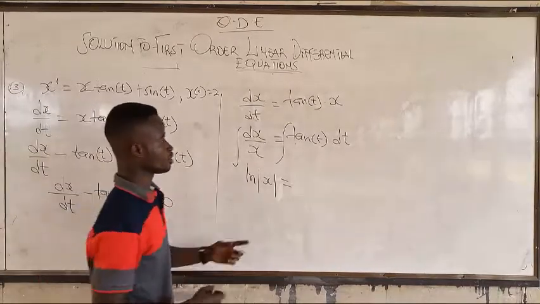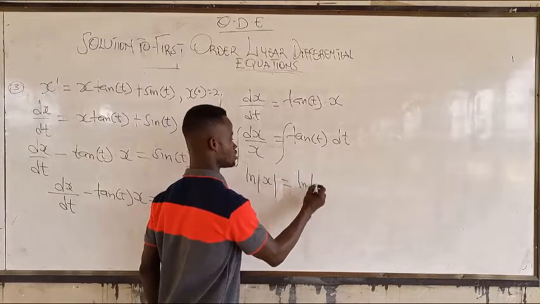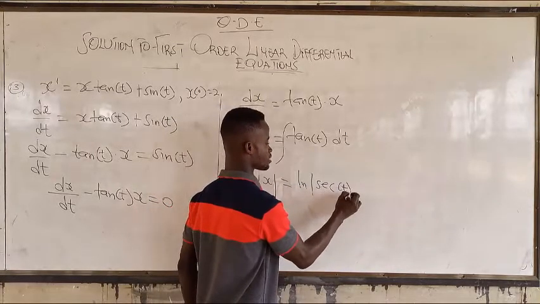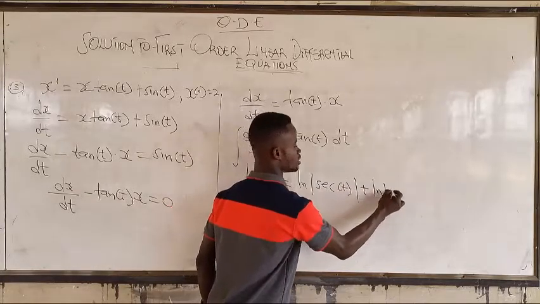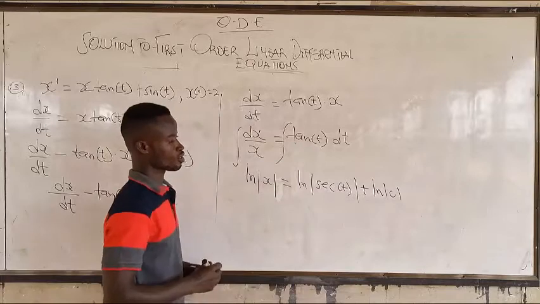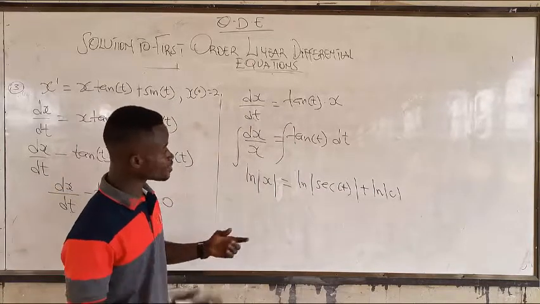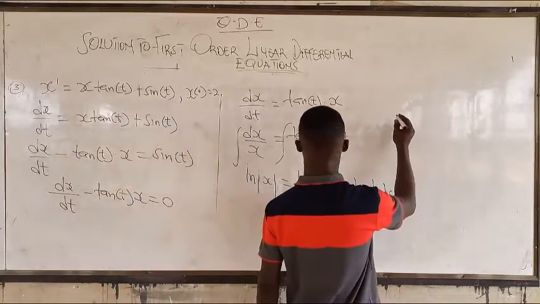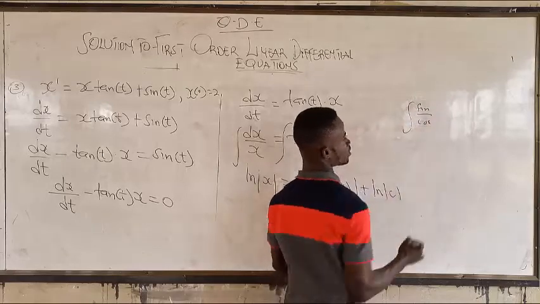Alright. The integral of tan t is going to give us ln sec t, plus ln c. Very good. Now in case you are confused about the integral of tan t, you can go for sine over cos.